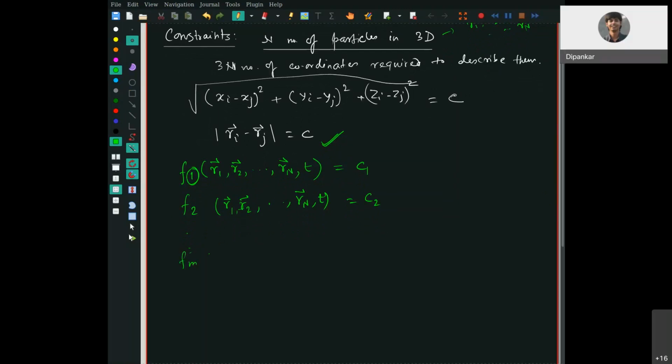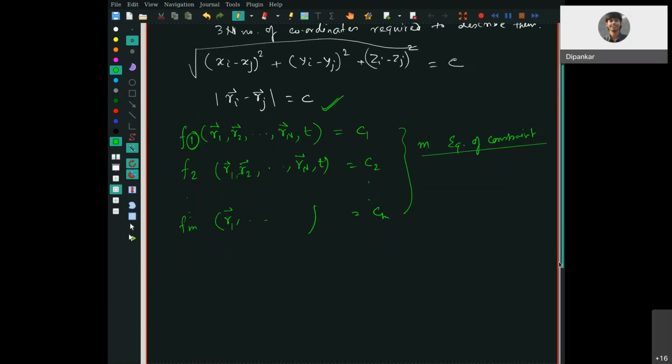Suppose I have the mth constraint equation, Cm. So these are M equations of constraint. Now that means from each of these equations I can express one of the coordinates, one of these Cartesian components, as a function of the others.